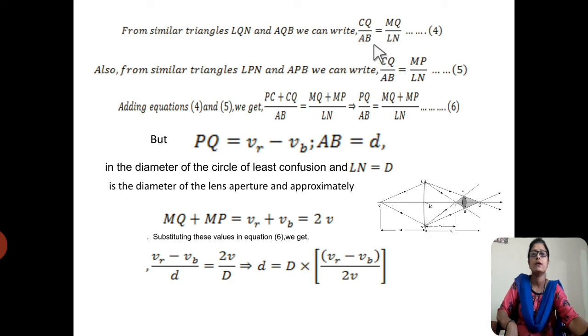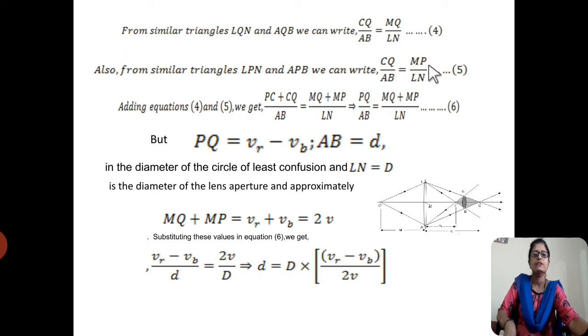Therefore, CQ by AB is equal to MQ by LN. And also for the blue rays, the similar triangles LPN and ABP, so CQ by AB is equal to MP by LN.